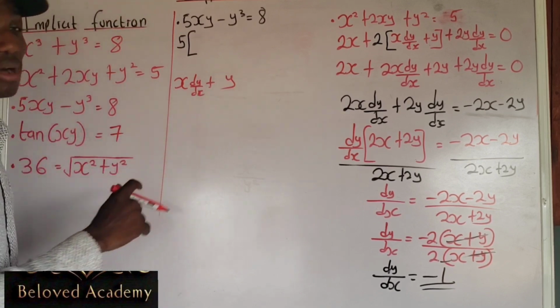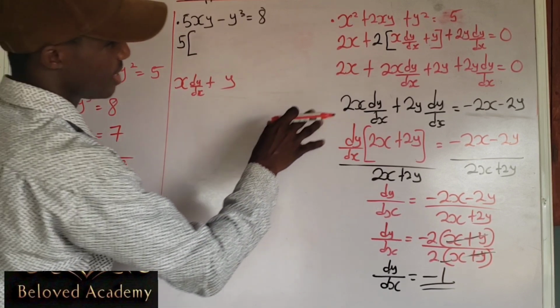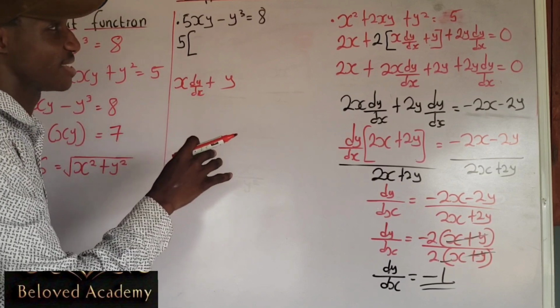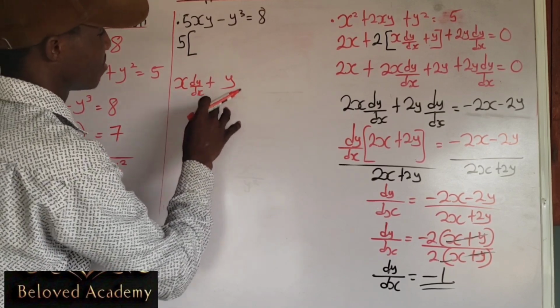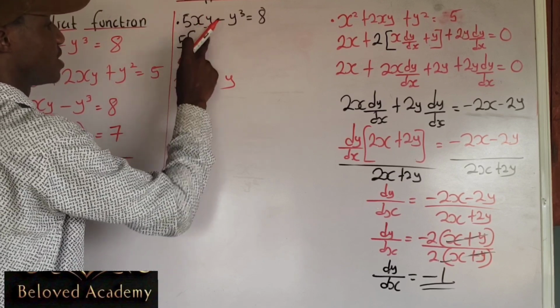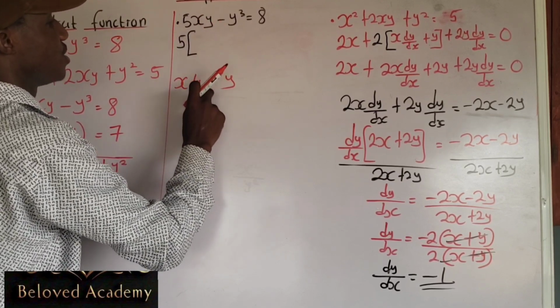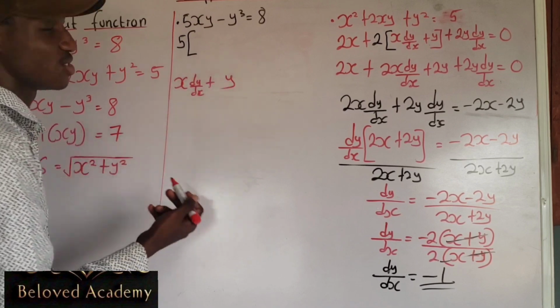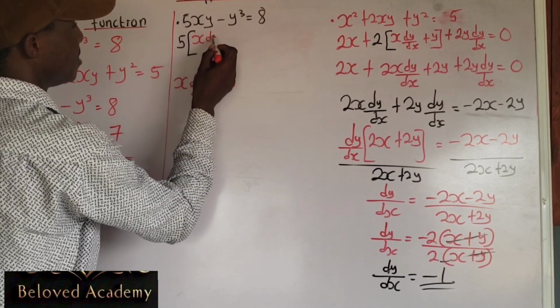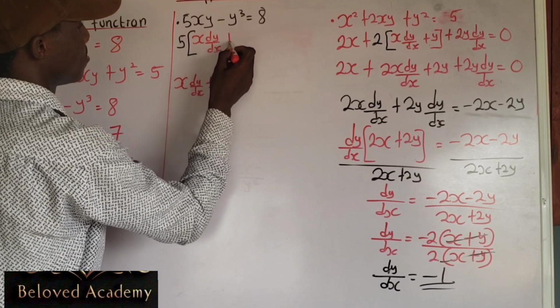I'm very sure you remember, when I differentiate xy in the first question, we have x dy/dx plus y. Just like if you use product rule, keep x constant, differentiate y, plus differentiate x and keep y constant. That's it. So I'm going to have x dy/dx plus y.